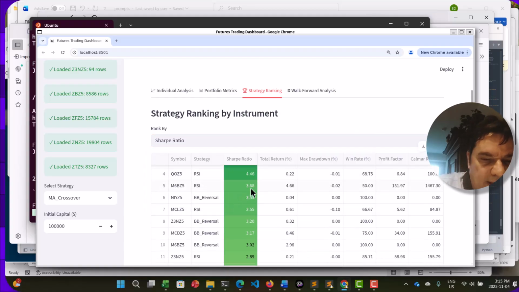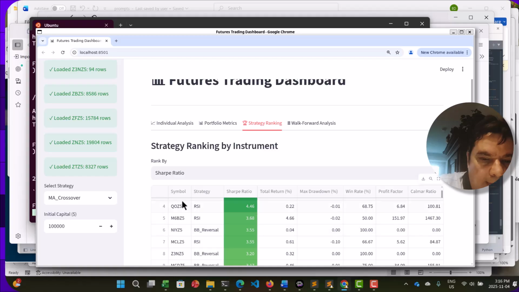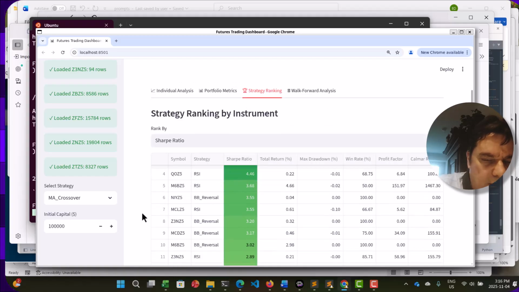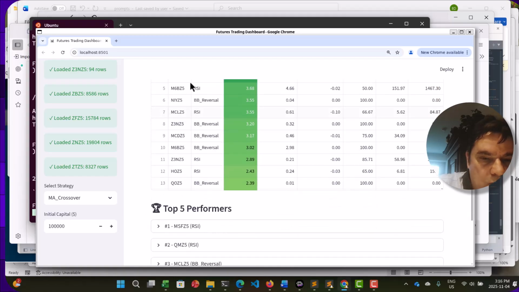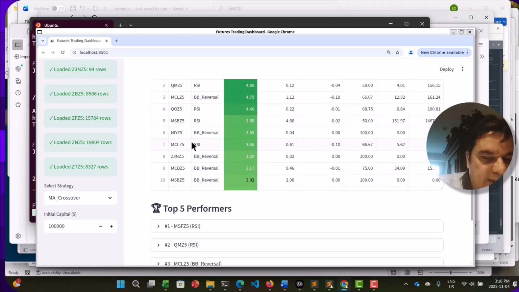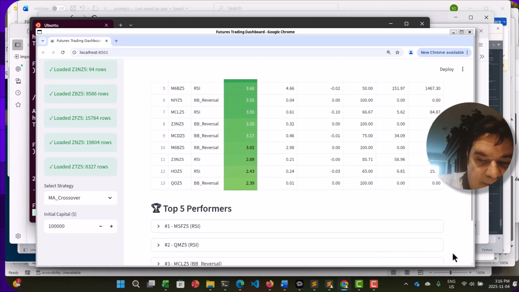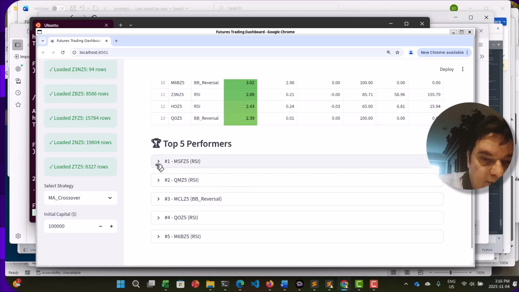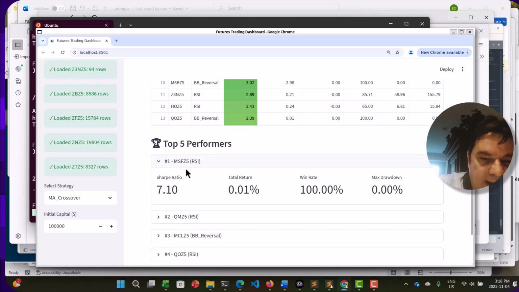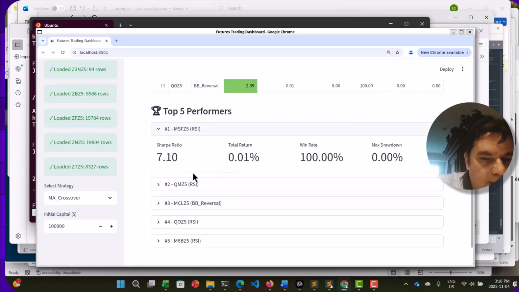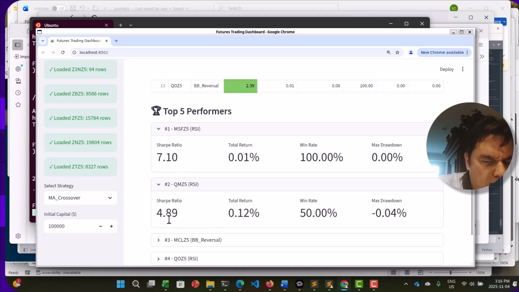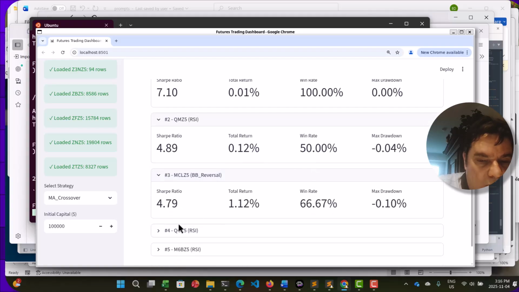So as it stands right now, based upon Sharpe and using these simple technical analysis strategies, you can see who our decent performers are. Here's our top five. MSSF, I'm not sure, that one would have given you a Sharpe ratio of 7, QM Z5 would have given you 4.8, and so on.